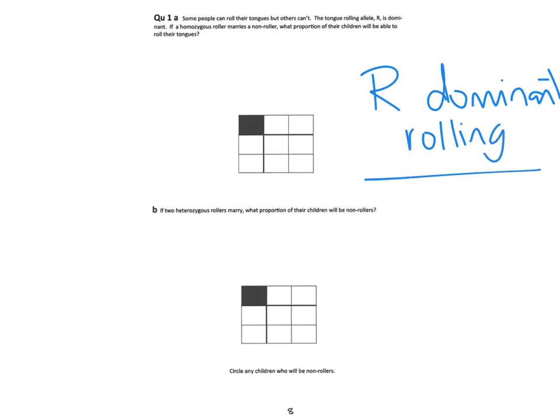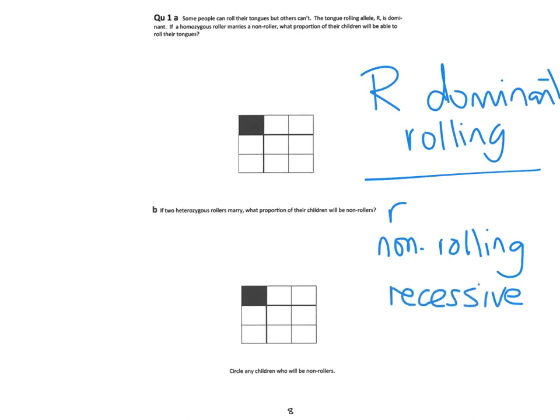Whereas then you have to work out, you know that you can have non-rollers, so it has to be a small r for non-rolling. And obviously it's the recessive one, the opposite to the dominant. So use that information. I'm going to stop the video now.